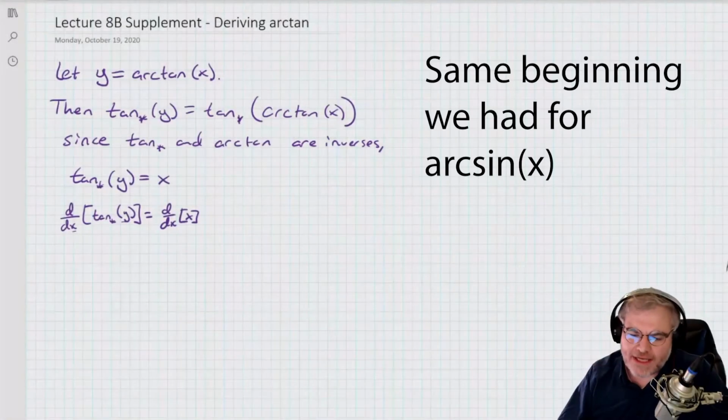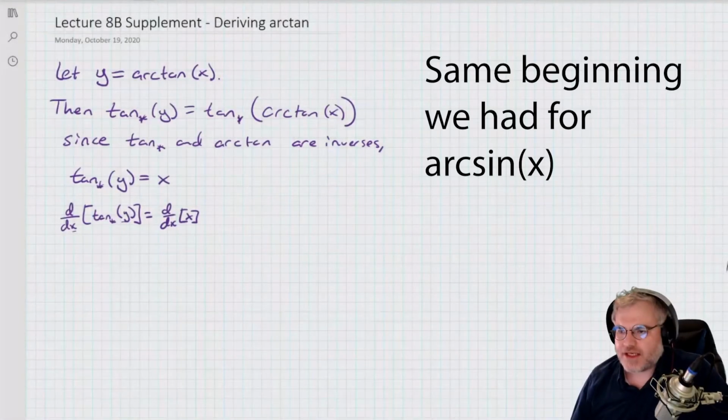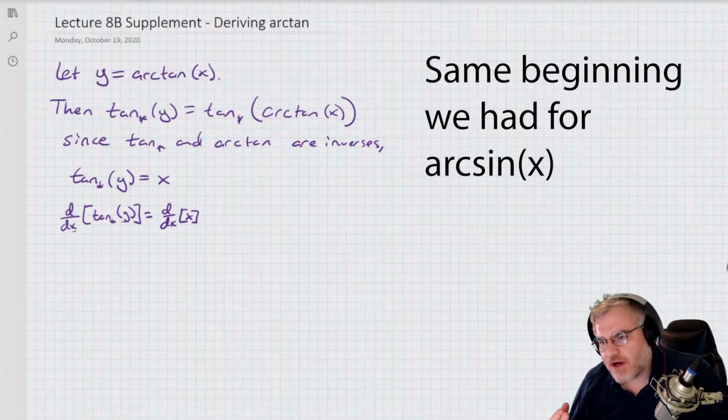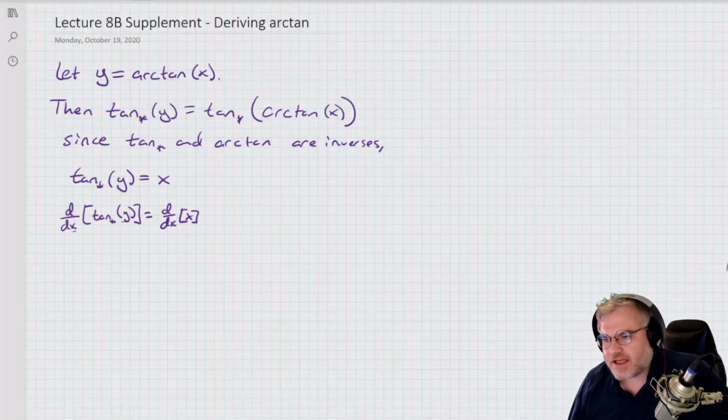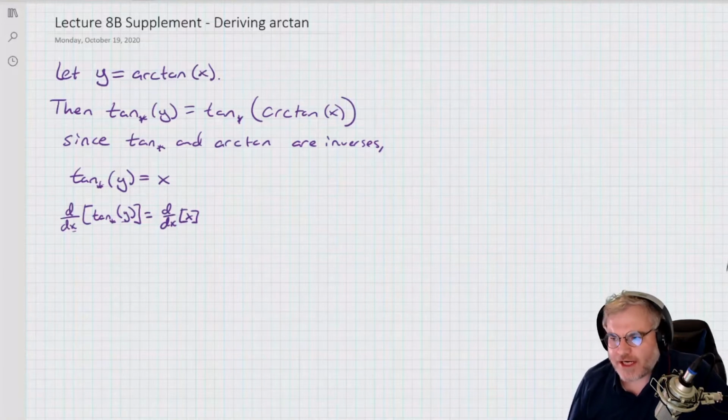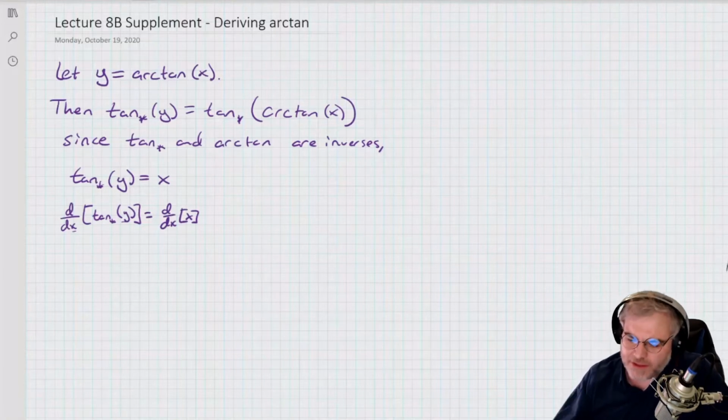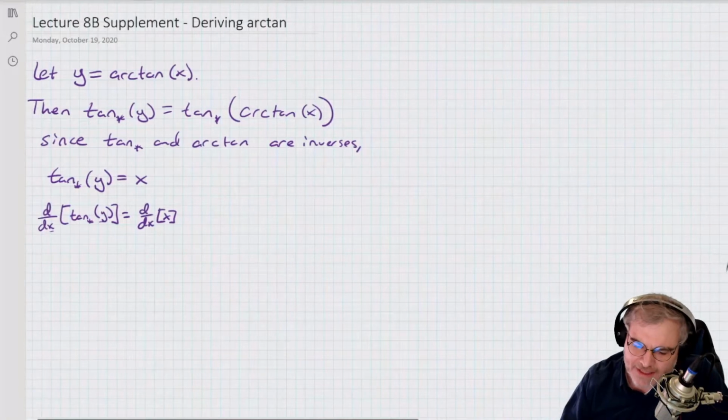We've got y equals the arctan of x. Thus, tan star of y equals tan star of arctan of x. And I wind up with tan star of y equaling x. Now, note here that this means y is an angle.